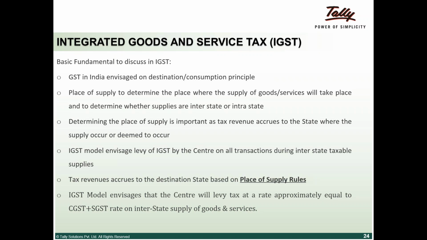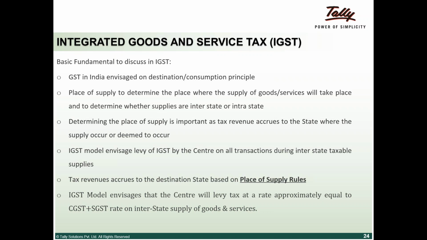So at the back end, 9 rupees of that 18 rupee tax will be credited to Tamil Nadu, and 9 rupees will be kept by the central government. So since this was supplied into Tamil Nadu, this 9 rupees goes to Tamil Nadu's kitty.